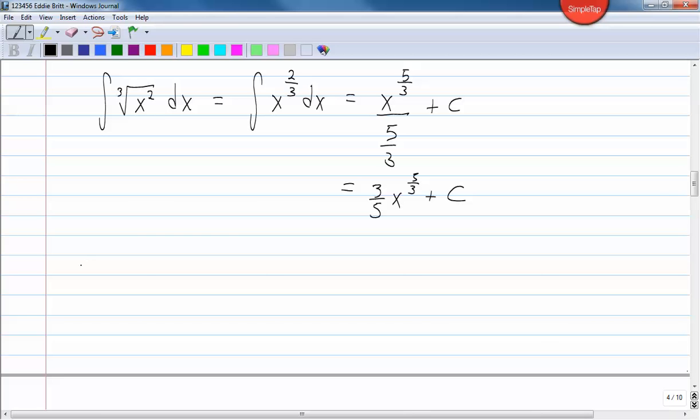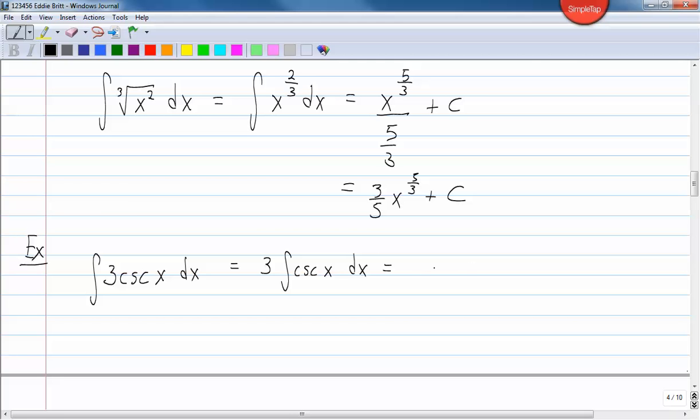Alright. Let's look at this one. Let's say I had the integral of 3 cosecant x dx. Then that's the same thing as 3 times the integral of cosecant x dx.